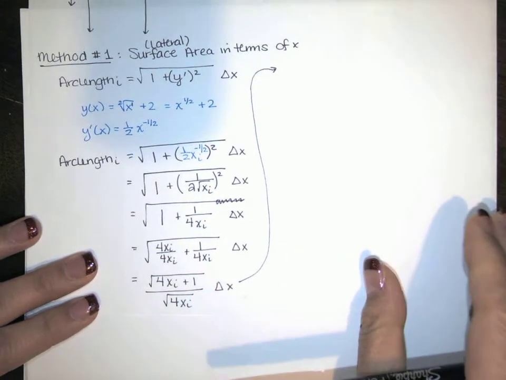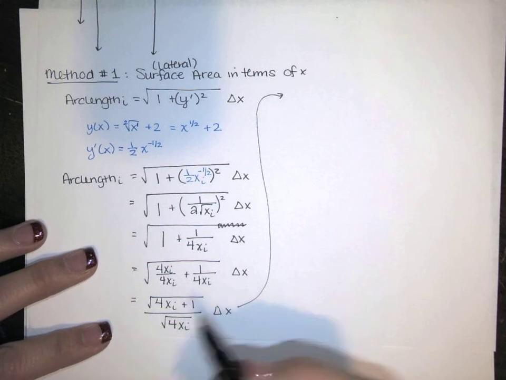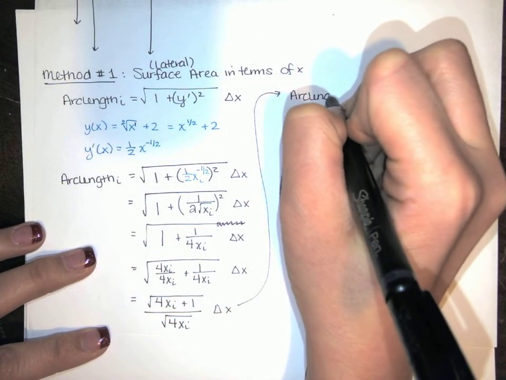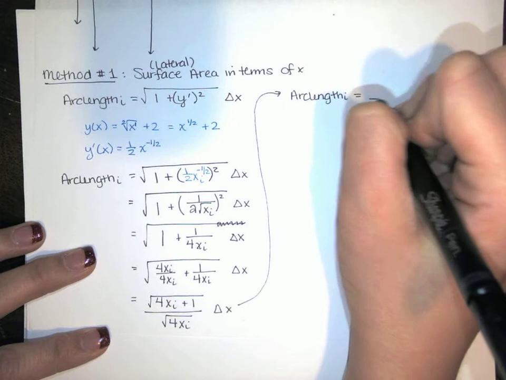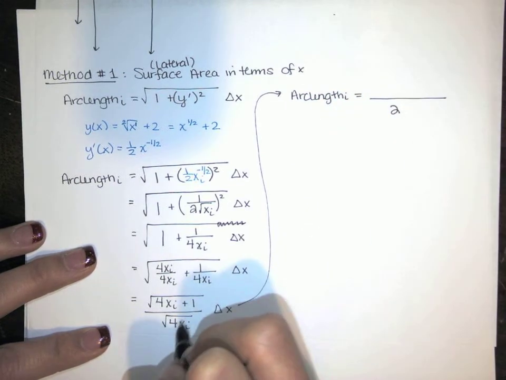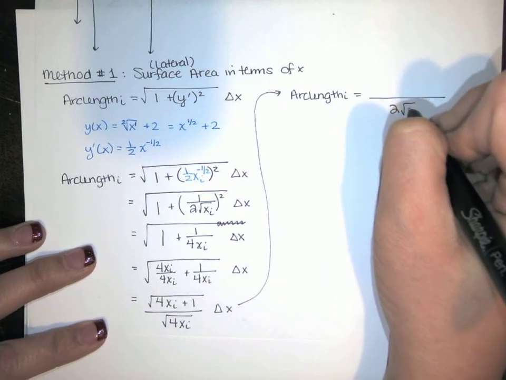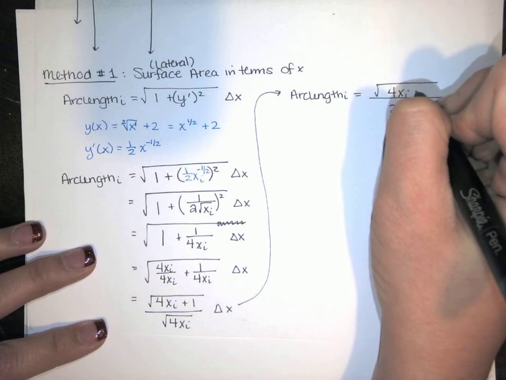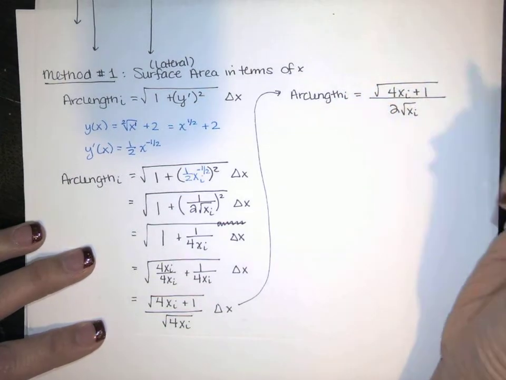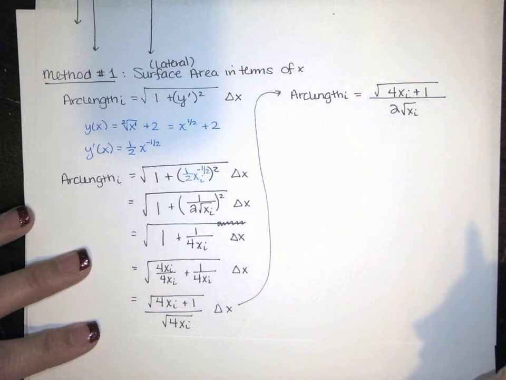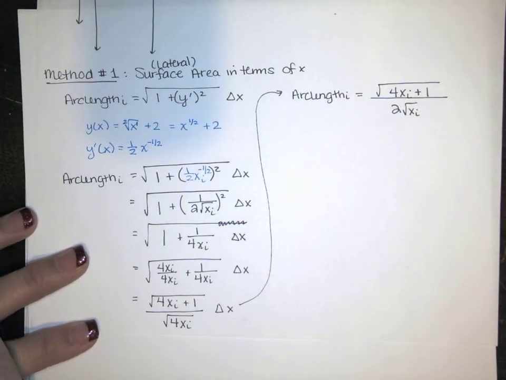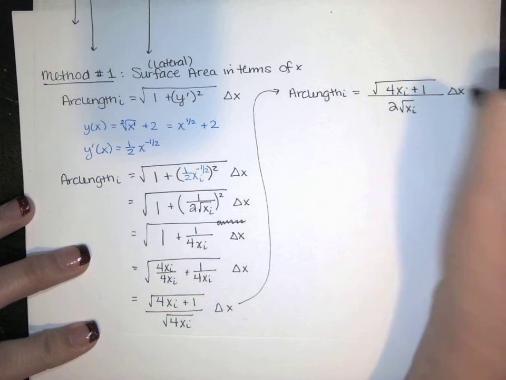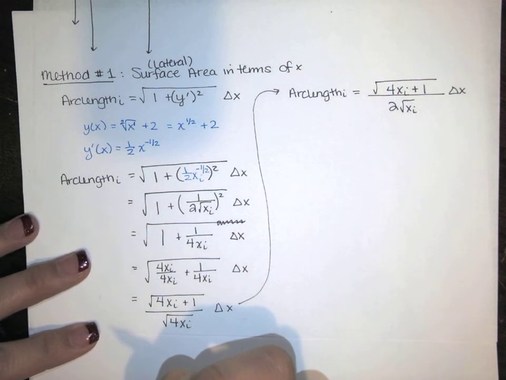Still simplifying. Square root of 4 I can do, so that simplifies to a 2. Square root of x sub i doesn't simplify, so I'm just going to leave it alone. That is a beast. We could evaluate the integral for arc length for this curve, and I think we'd have to use integration by parts though. Okay, so that's our arc length.